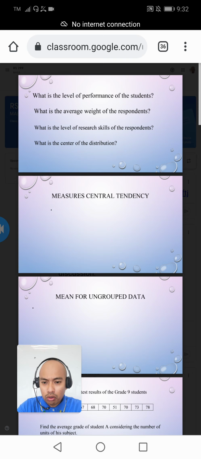Our next focus is to talk about the first descriptive statistical tool, which is the most basic tool that we often use when conducting a research study. If we raise questions in our research study like, what is the level of performance of our students?